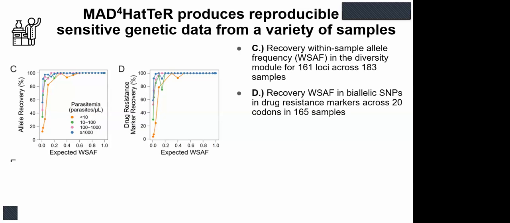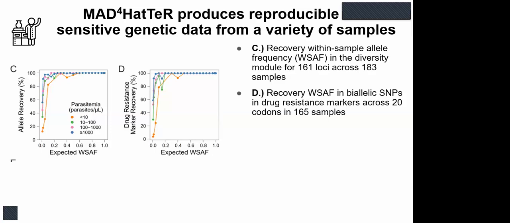For the diversity, it is 161 loci across the 183 samples. And you see that despite the varying parasite densities, as you can see, less than 10 in orange, green is 10 to 100, pink is 100 to 1,000, and the blue is above 1,000, you can see that the data is having good recovery across the varying parasite density.